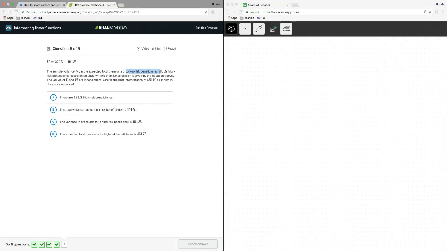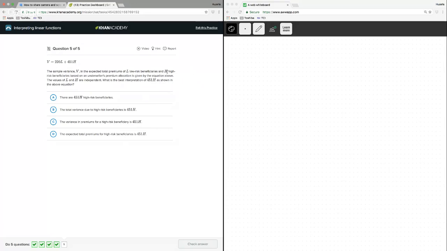So let's look here. We have low risk beneficiaries and high risk beneficiaries. So what is the 451H? Of course, the 451H relates to the high risk beneficiaries, and we know that all these choices relate to the high risk beneficiaries. So what makes sense? No, we know this has nothing to do with the terms.